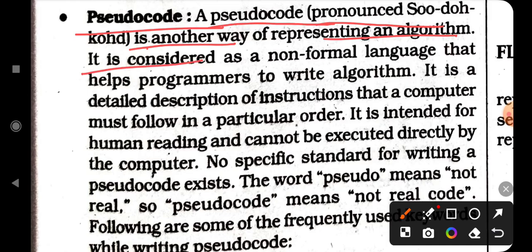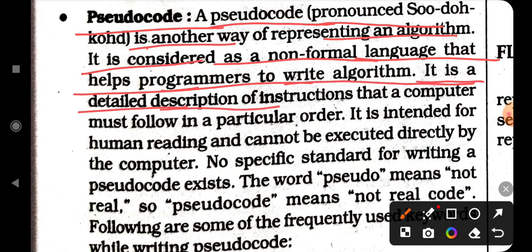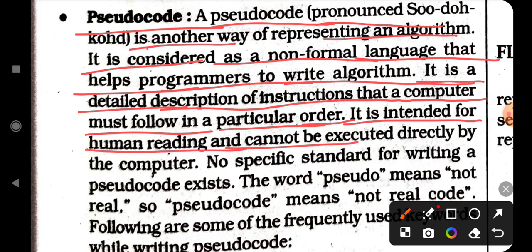It is considered a non-formal language that helps programmers to write algorithms. It is a detailed description of instructions that a computer must follow in a particular order. It is intended for human reading and cannot be executed directly by the computer. No specific standard for writing pseudocode exists.